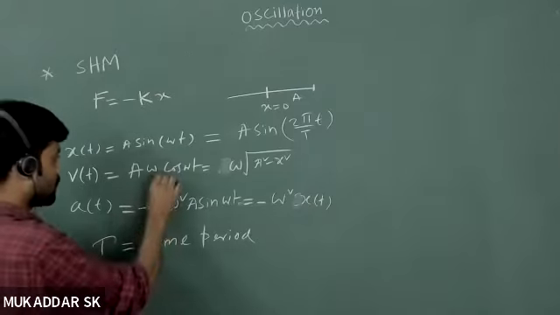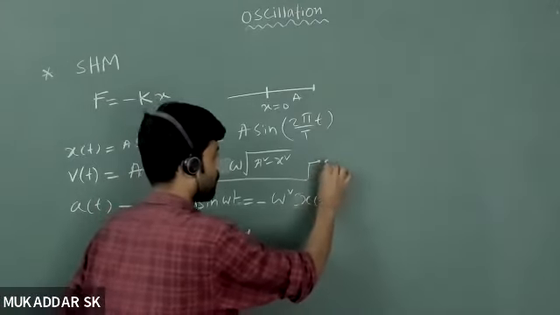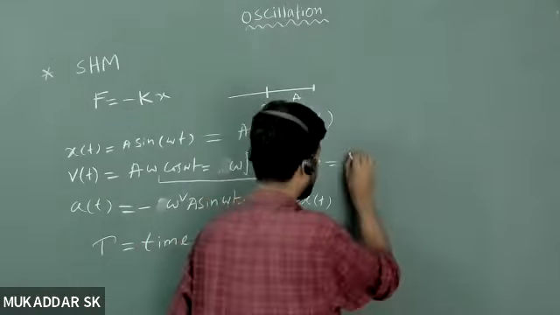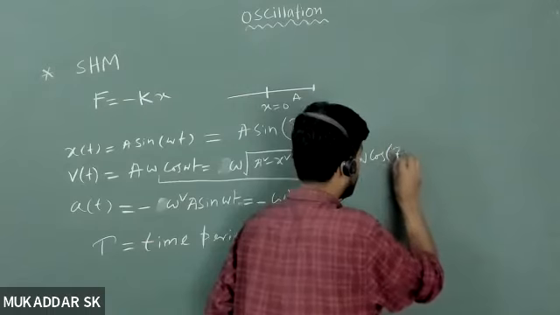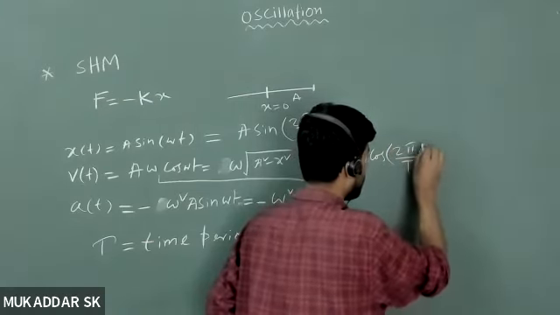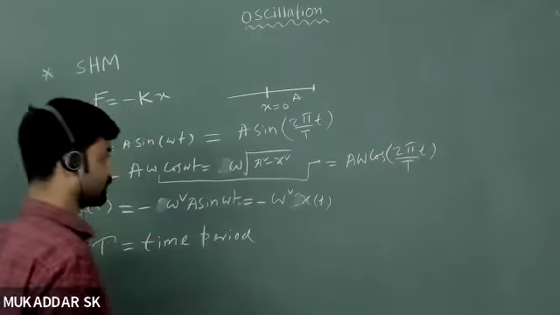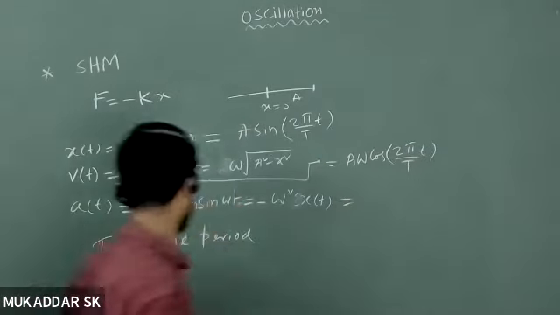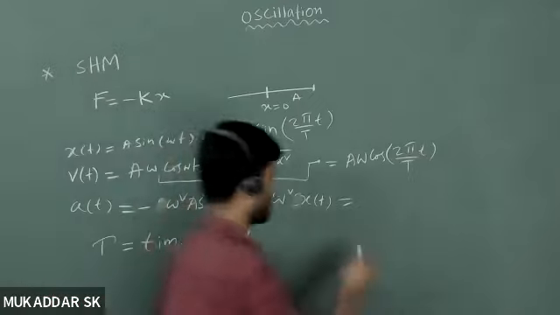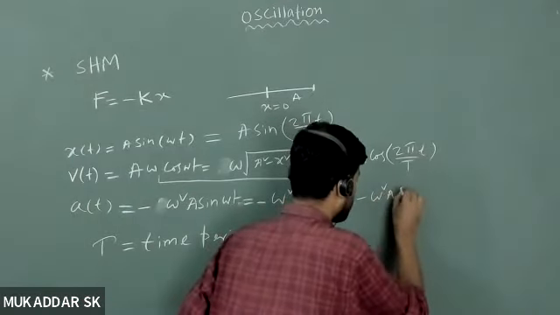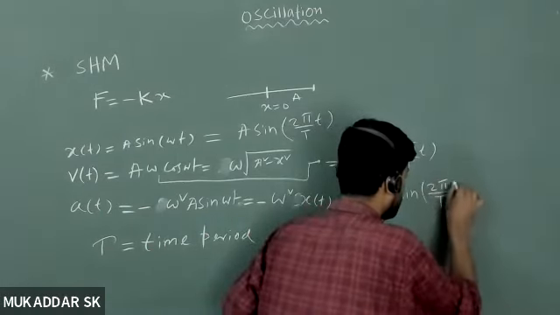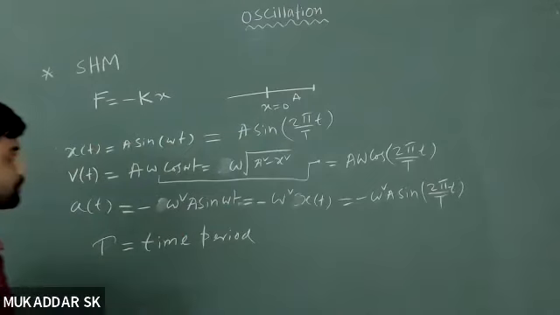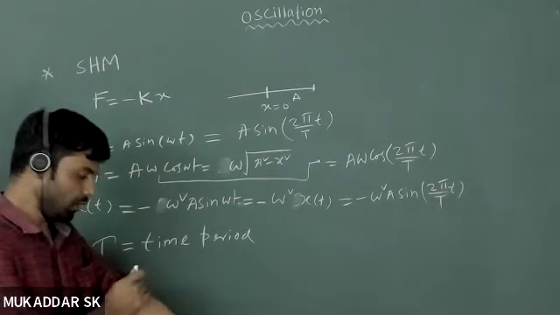Similarly, v as a function of t can be written as a omega cos of 2 pi by T into t. And the same thing for acceleration: minus omega square a sine of 2 pi by T into t. Is this part clear to all?